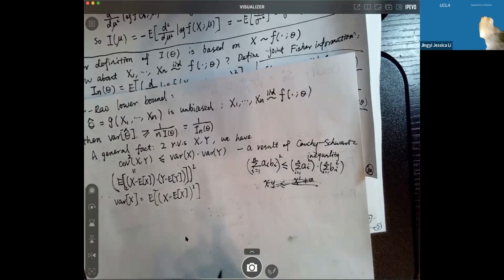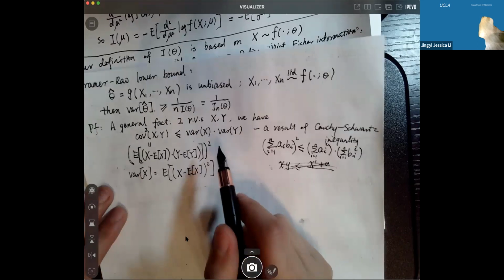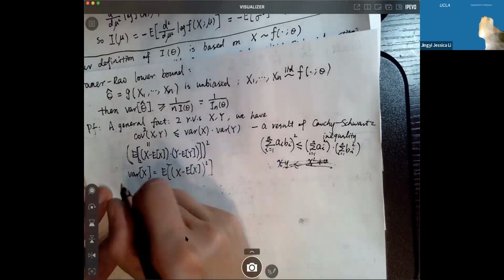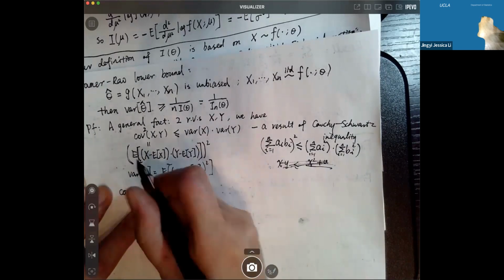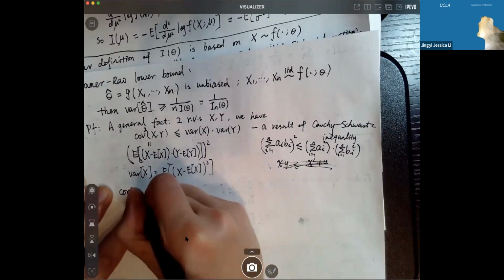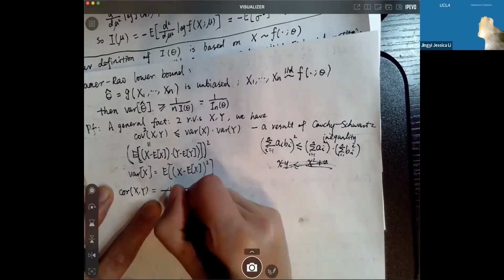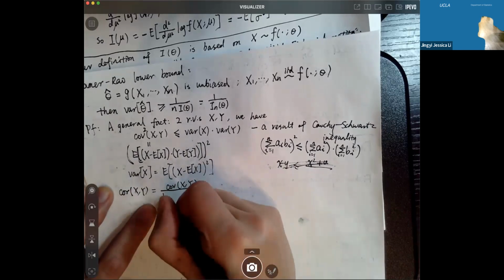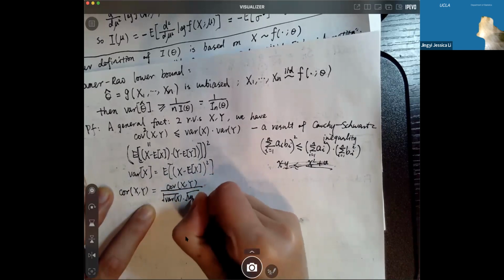Okay, and a way to see why this makes sense, I can just go one more step to help you know why this makes sense, or it's easier to know this result, is that recall what we define as our correlation. The Pearson correlation of x and y is defined as covariance of x and y divided by the square root of variance of x times the square root of variance of y.